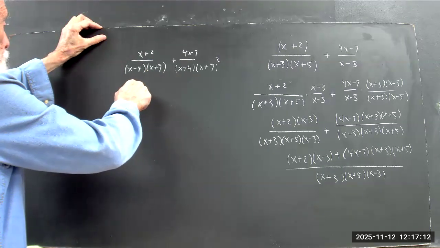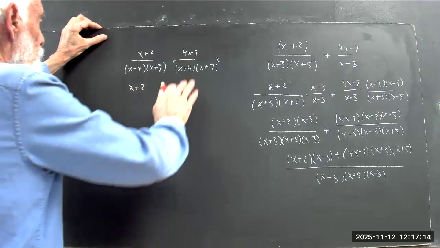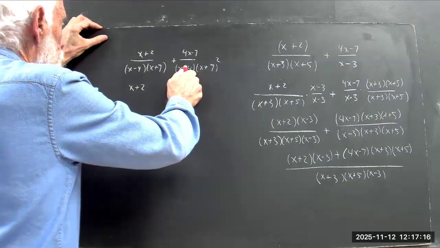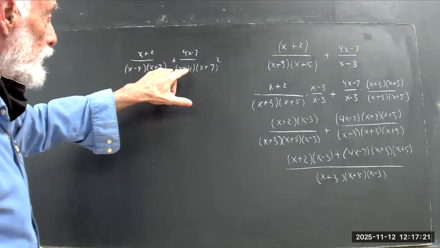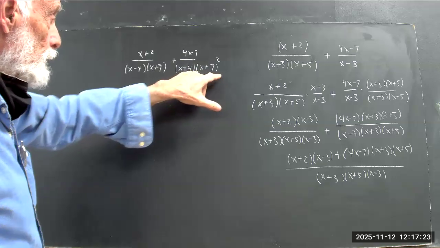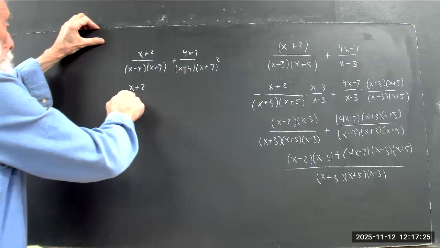So we've got x plus 2. And you know what I'm going to do? I'm going to keep this. Okay, I've just changed the second denominator to be x minus 4 times the quantity x plus 7 squared.